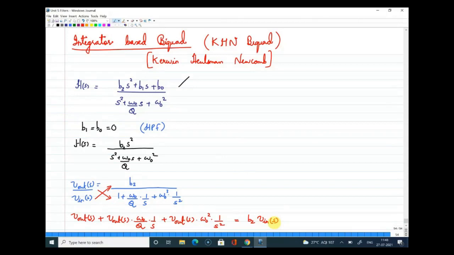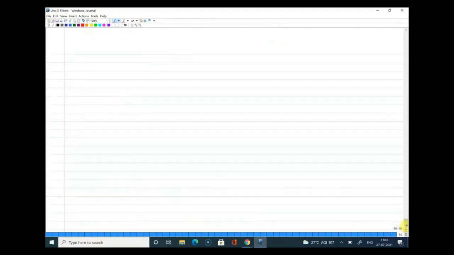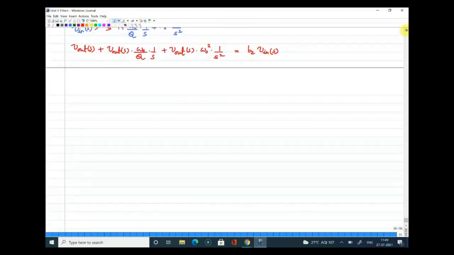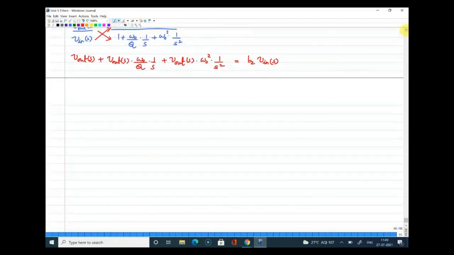So now we have an equation with V out terms and a V in term. Now we will again rearrange in a slightly better way. So what I will do is I'll write what is V out of s from this. V out of s can be written as B2 into V in of s, and the other terms I am bringing to the right hand side.